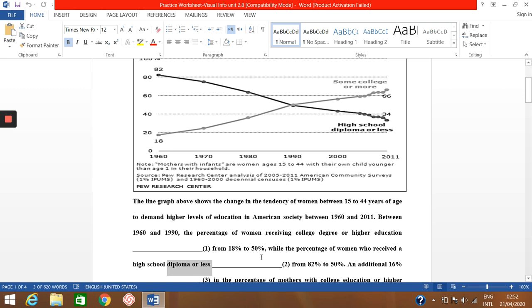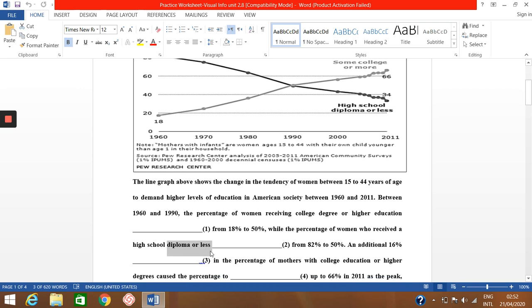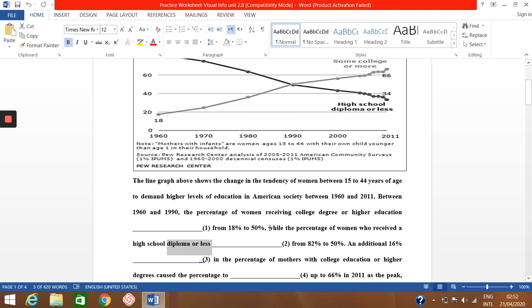While, what is it, does it start from? Yes. While the percentage of women who received a high school diploma or less dash from 82% to 50%.